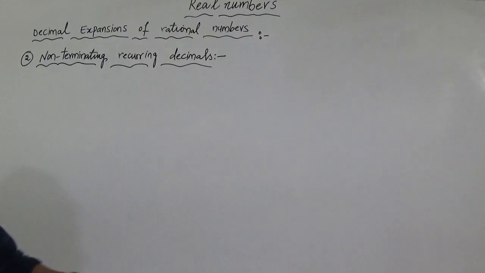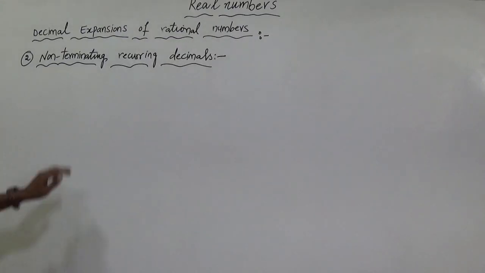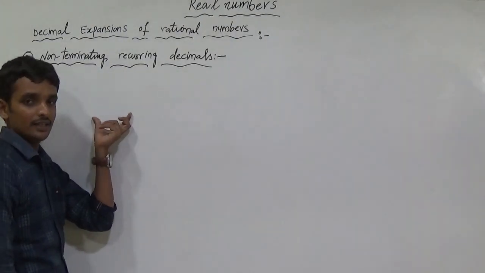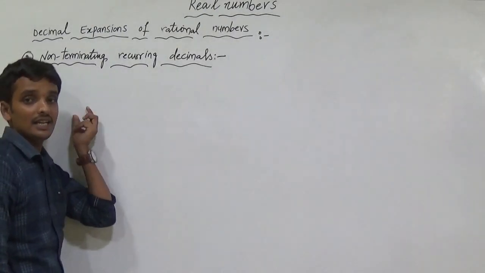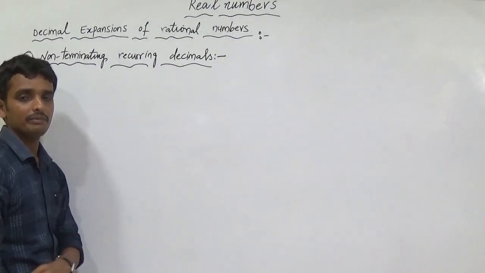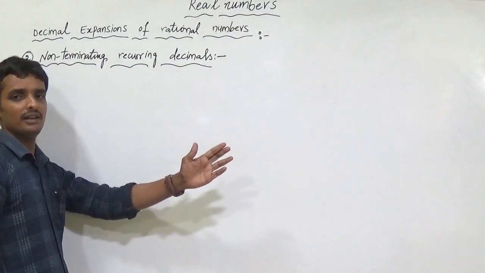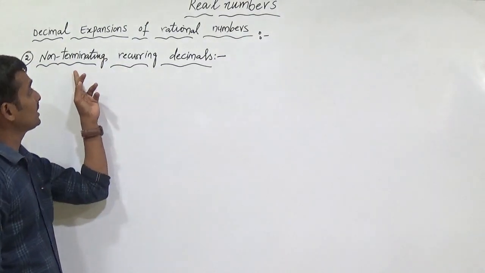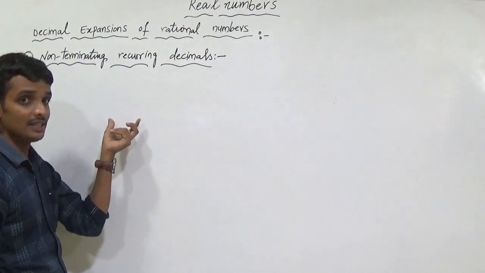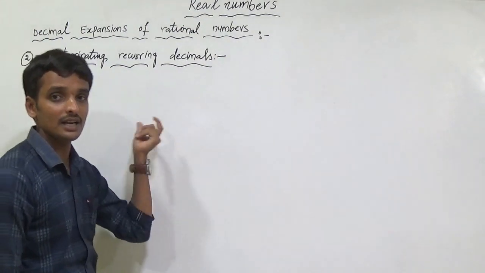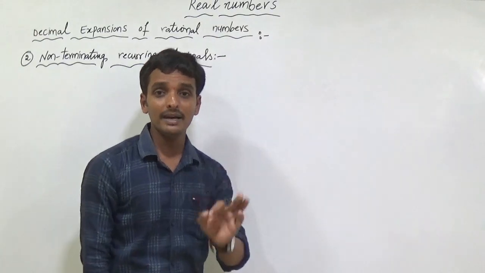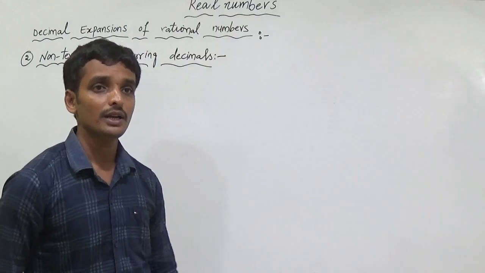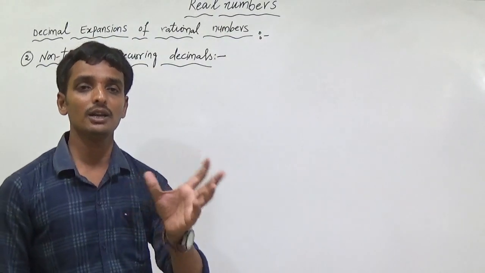Non-terminating recurring means, if you observe the heading, non-terminating means in the decimal part the digits do not stop, they go on, there is no end. But in non-terminating recurring, the digits are repeating. They do not stop, but the digits keep repeating continuously.